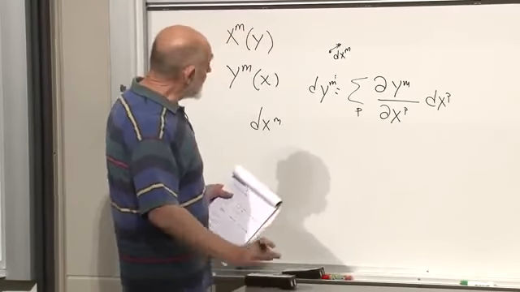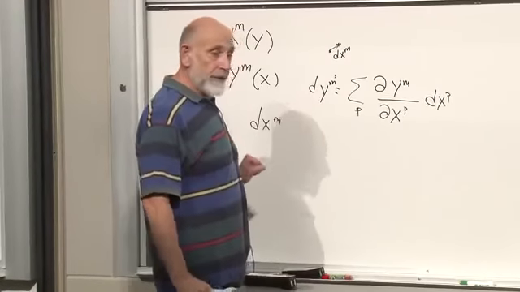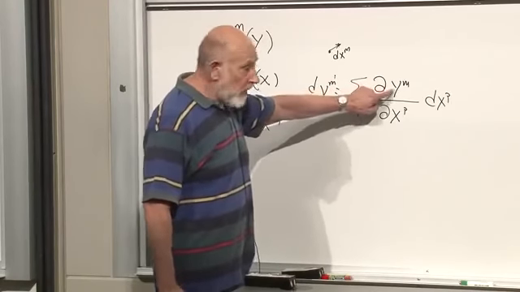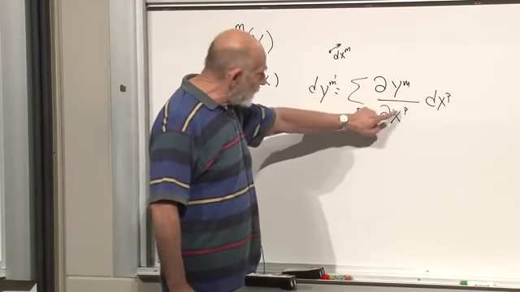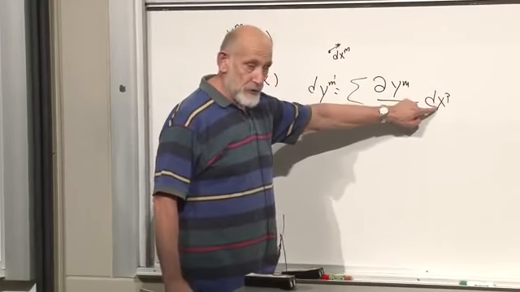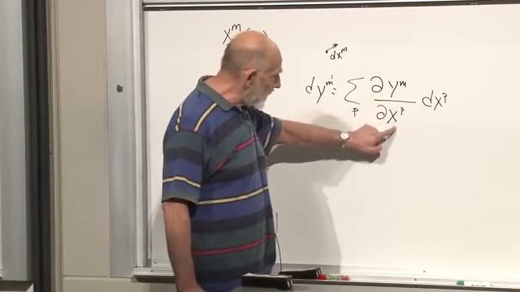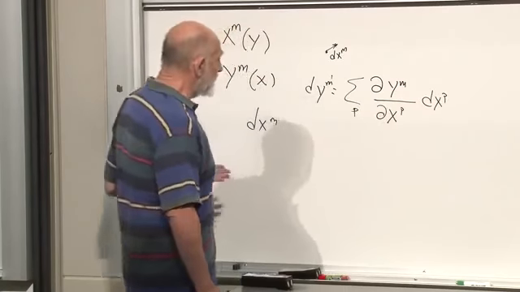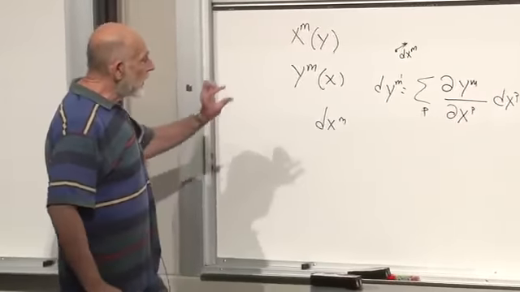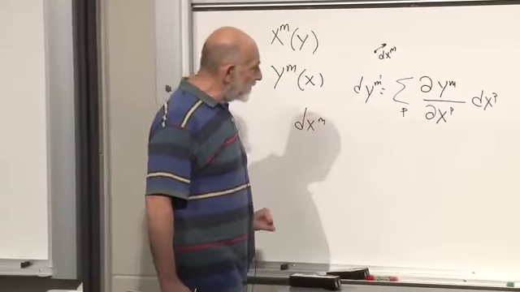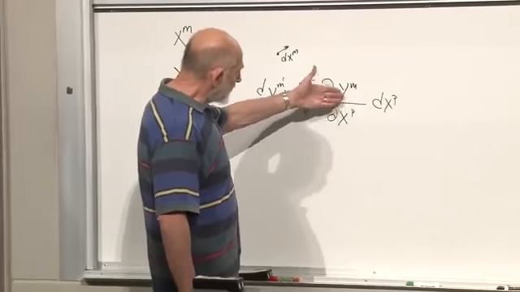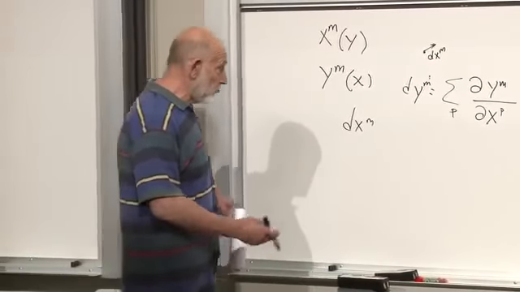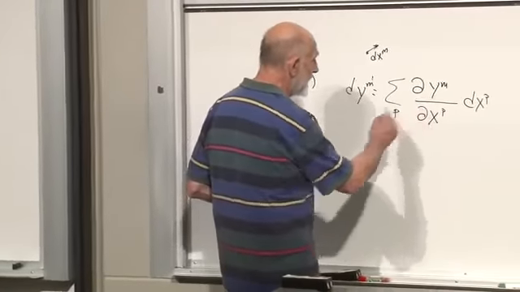This just says that the change in y, some particular component, is the sum of changes in y if you change x1 a little bit times a change in x1, plus change x2 a little bit times a change in x2, and so forth. All right, so this is a standard calculus formula, the differential change in a quantity when you change the coordinates from one set of coordinates to another.